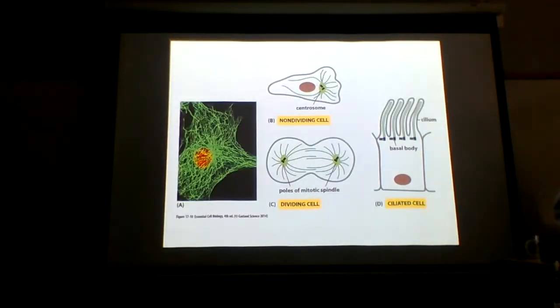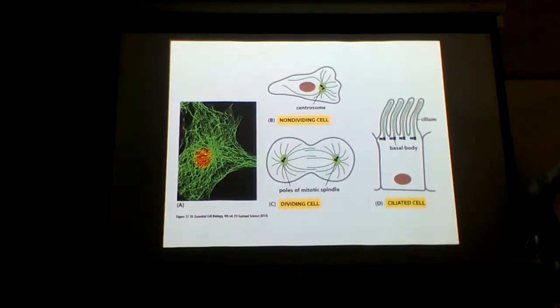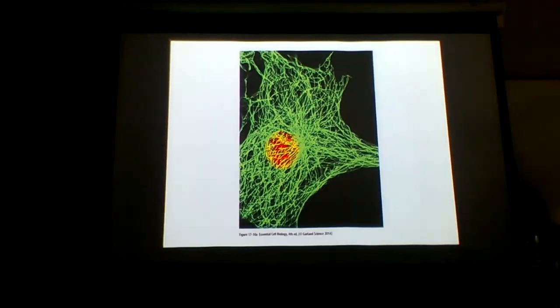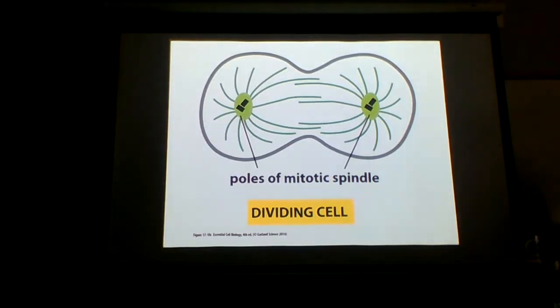All right, so there are cilia there. Some of them are made with actin, though I know it. The centrosome and the cell dividing, these are things that microtubules are doing.